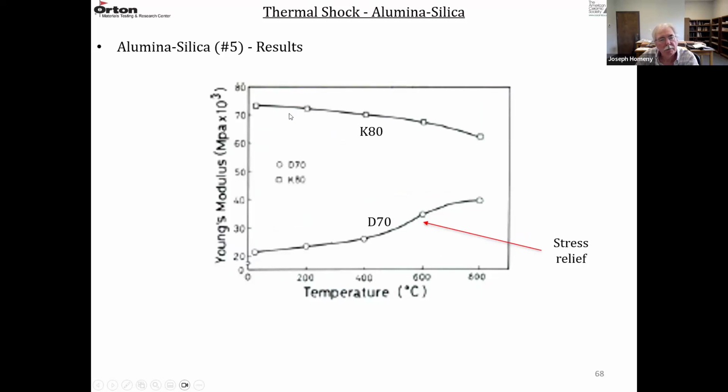Young's modulus, the 80% alumina has a gradual loss in Young's modulus. And then the 70% has a gradual increase, again, due to a stress relief. This is in megapascals times 10 cubed. So these are 20,000 to 80,000 megapascals.